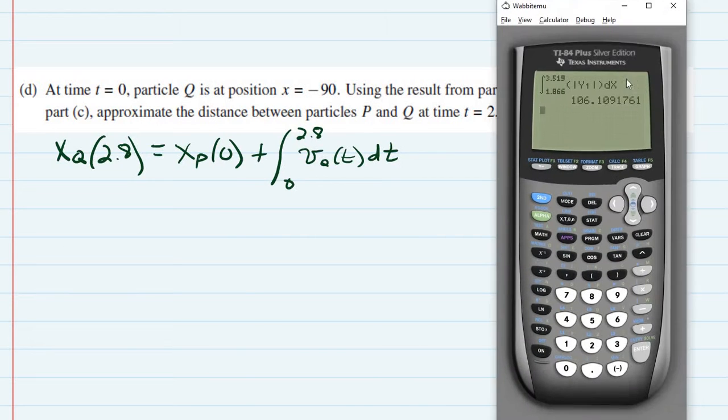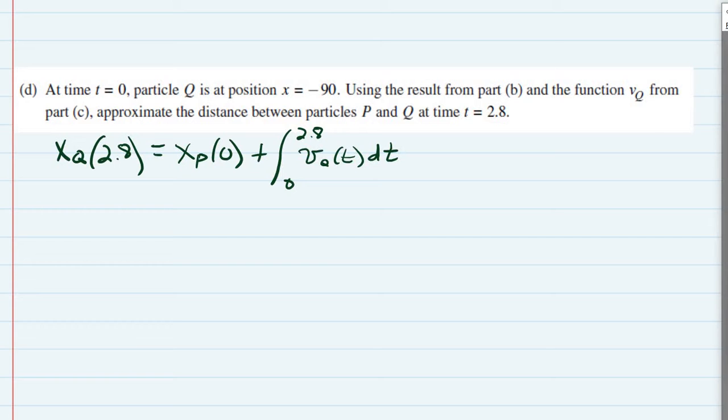So I'm going to come up here and edit this and get rid of the absolute value here and just do y1. And we are going to change our limits here. We're going to go from 0 to 2.8. And this is for particle Q. And when I execute that, let's see what we get. 135.938.